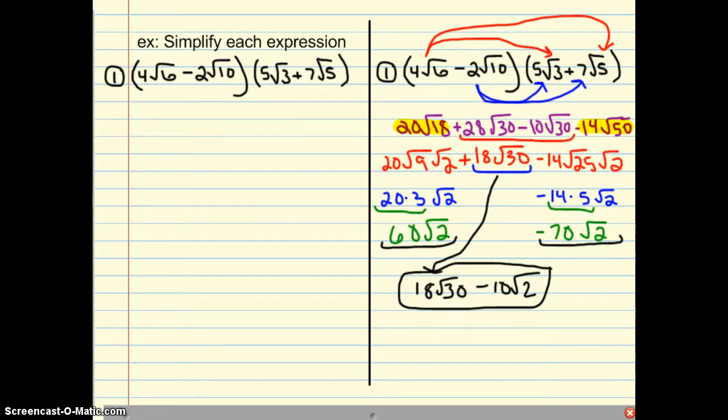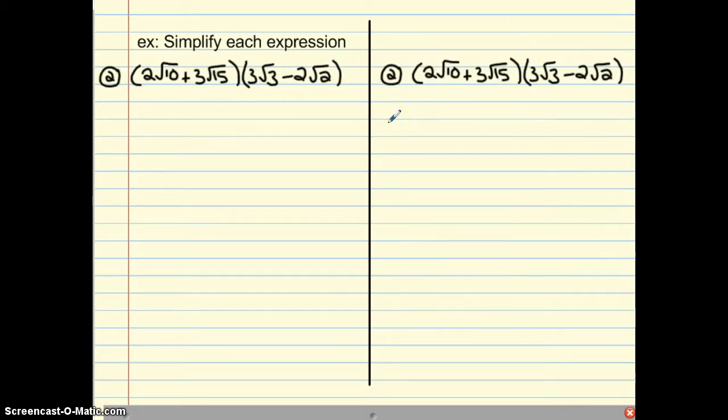All right. And more distributing. So again, we will distribute our first term, and then we will distribute our second term.